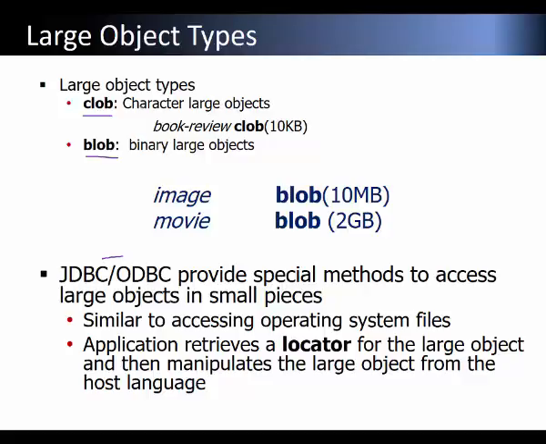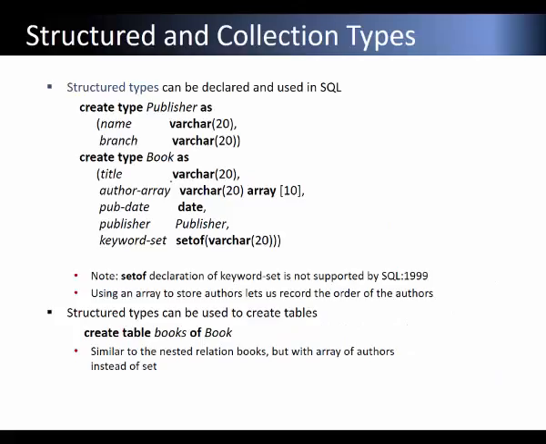We can use a clob. If we have an image, for example a movie, then you may use blob, B for binary large objects. This is also possible in Oracle.